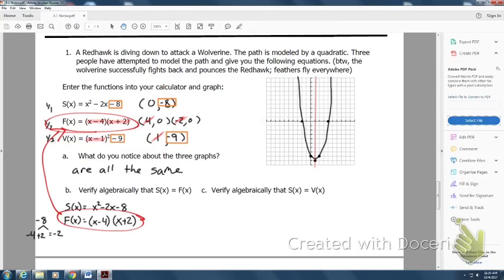Going over to C. This is asking us to verify standard to vertex. Okay, so on this one it's going to be easier to go from vertex to standard. So we will take the vertex form. We're going to start off there.